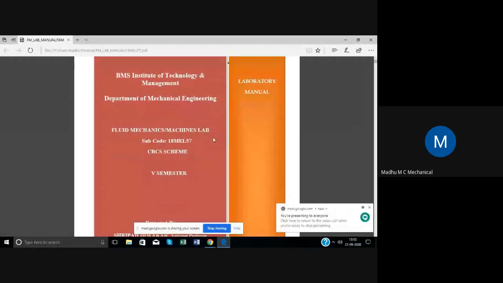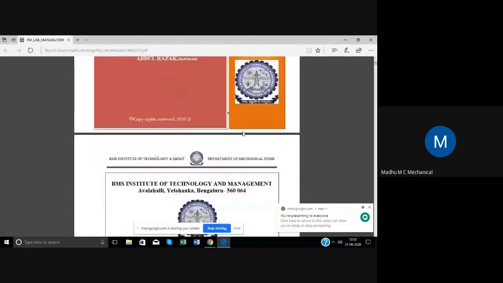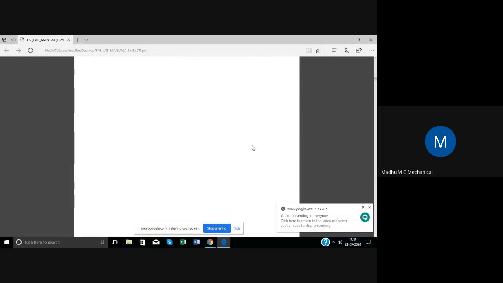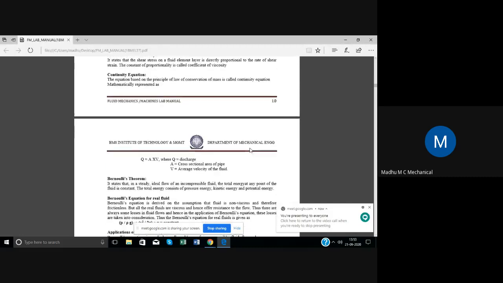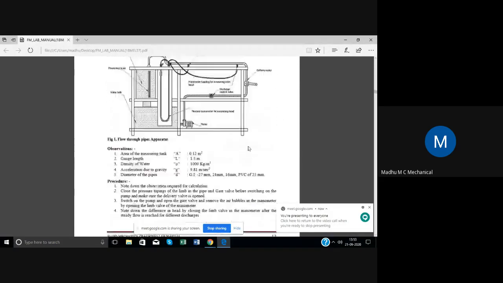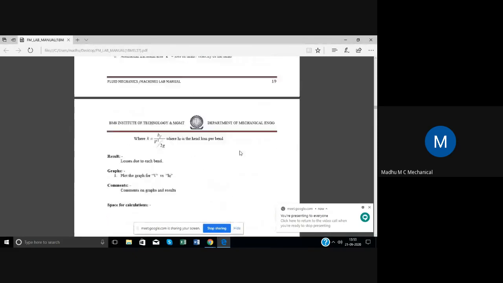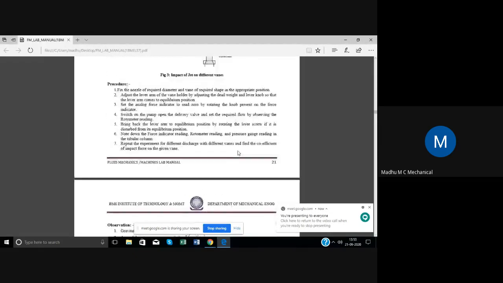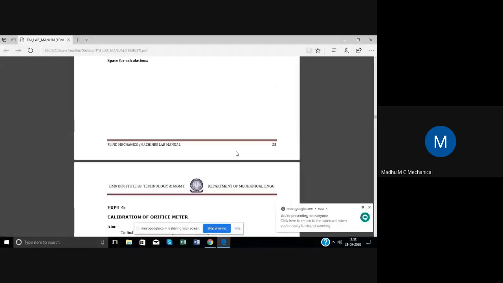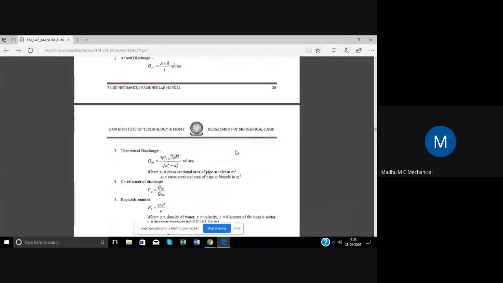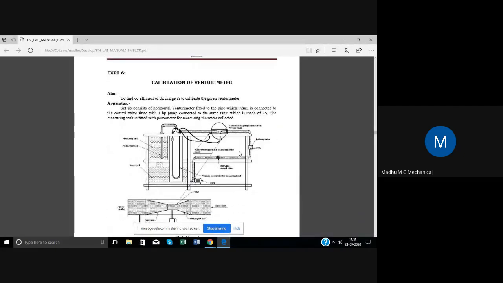Can you see now? Yes, sir. Yeah, so this is the manual. We'll come to the Venturi meter. Right, all of you can see now? Calibration of the Venturi meter. All of you can see, yeah.